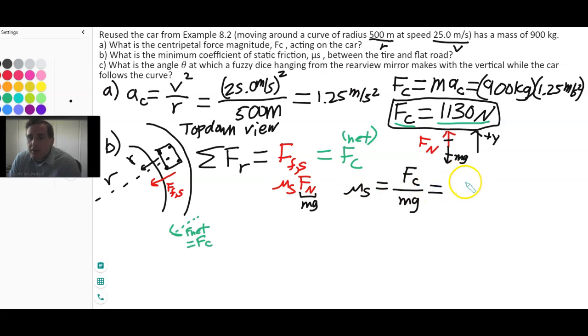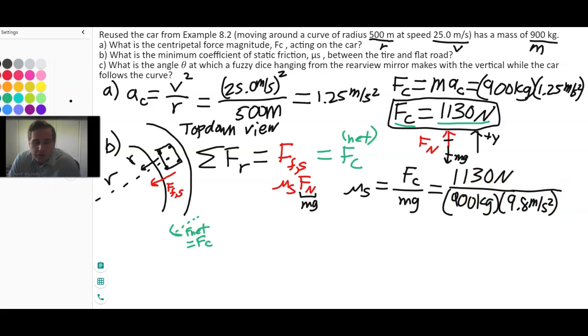So let's put the numbers in. The centripetal force was 1,130 newtons, and then mg should be the mass of the car, 900 kilograms, times g on Earth, which we assume to be about 9.8 meters per second squared.